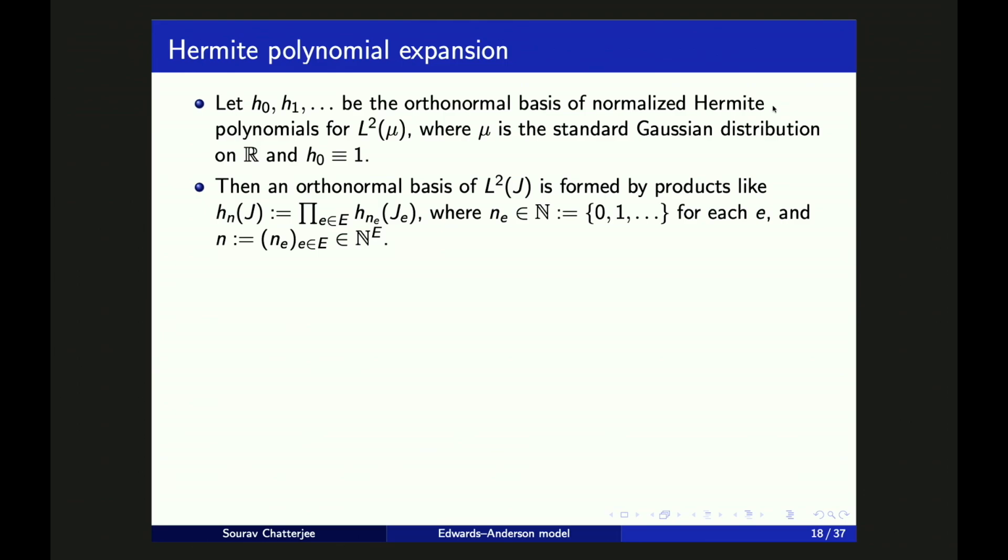So just to summarize, these multivariate polynomials are mutually orthogonal. That is, the expectation of the product of any two of them is 0 if the indices are different and 1 if the indices are the same. And they form a basis.